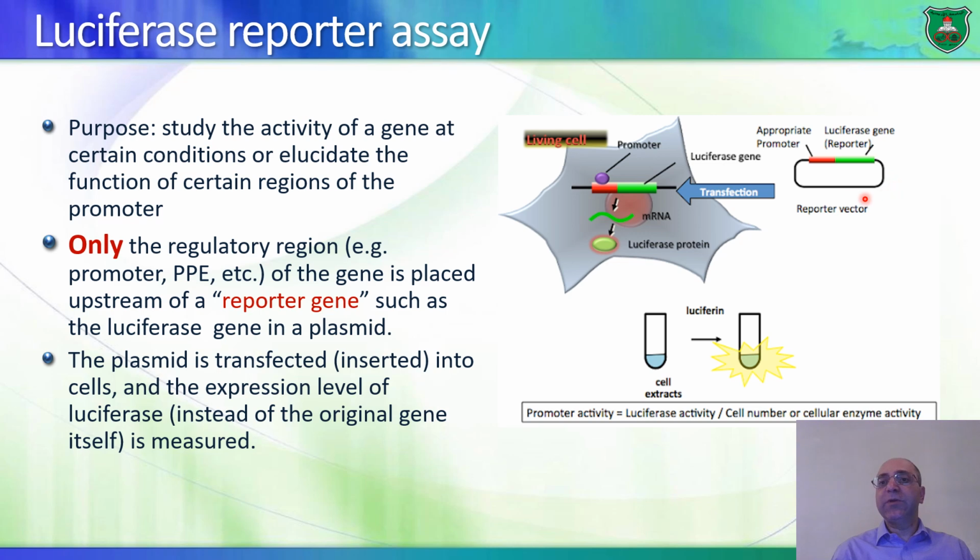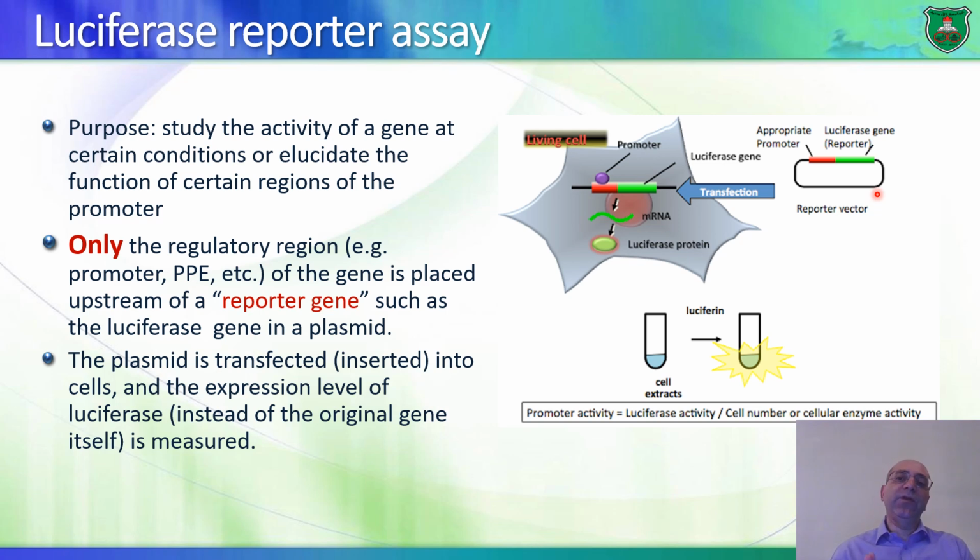So we have a plasmid right here again, and we have the regulatory regions, the regions ahead of the transcription start site, the +1 site, and we put the luciferase gene under control of this region. And we transfect cells with this plasmid.